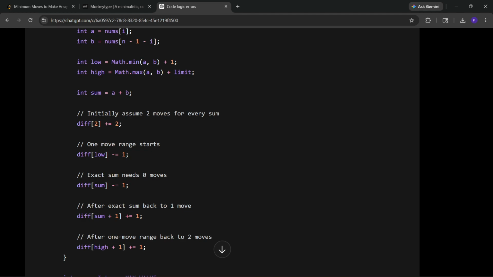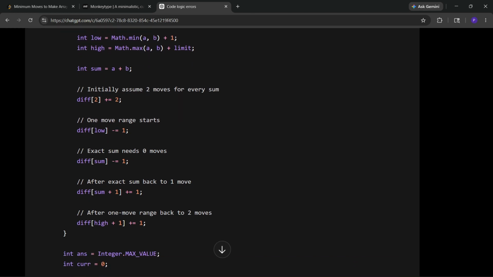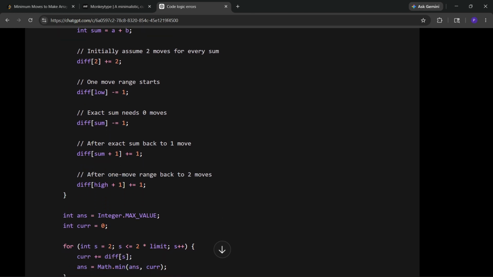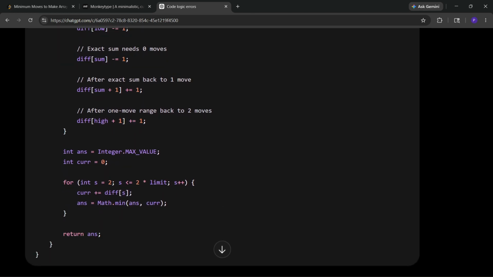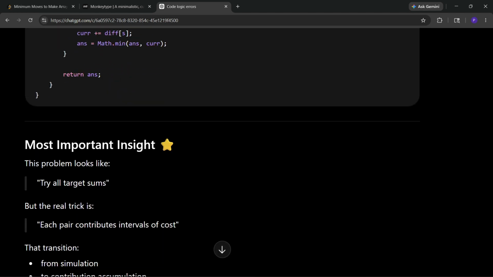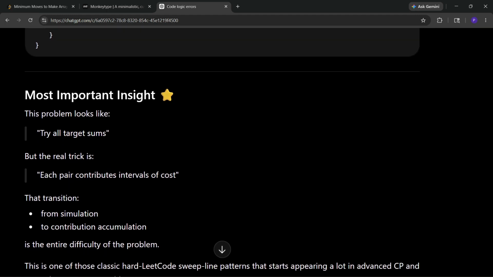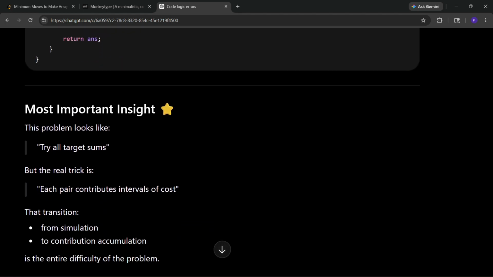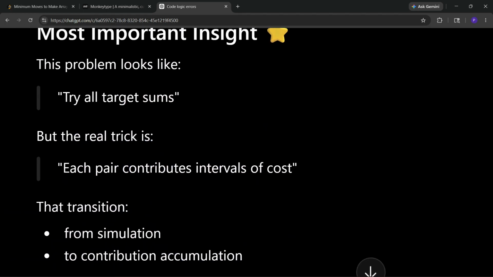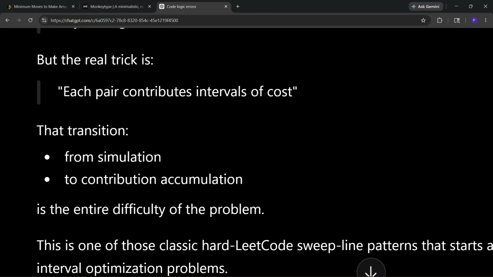Difference of two plus equal to two. Each pair contributes intervals, of course.